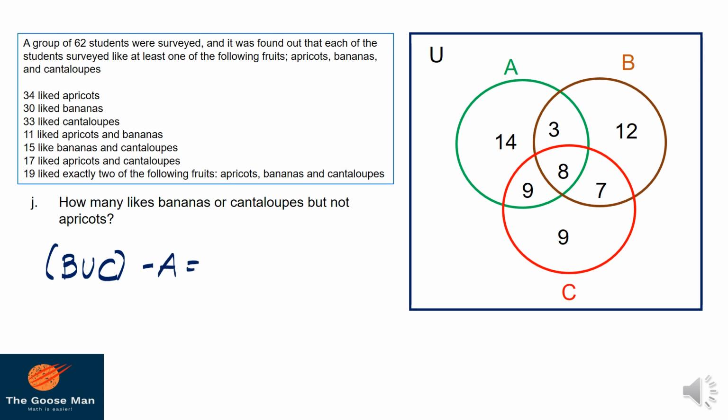From our diagram, we are considering the bananas and the cantaloupes but not the apricots. So we have only the numbers 9 plus 7 plus 12. This is equal to 28. So this is the answer to our question.